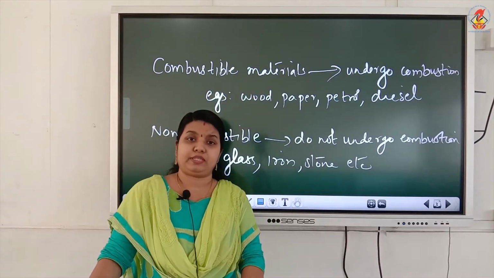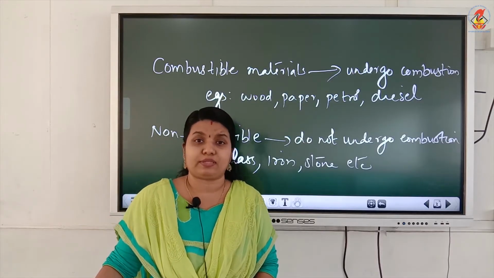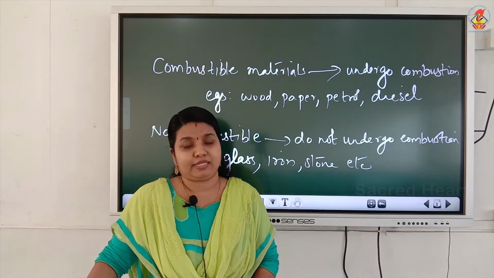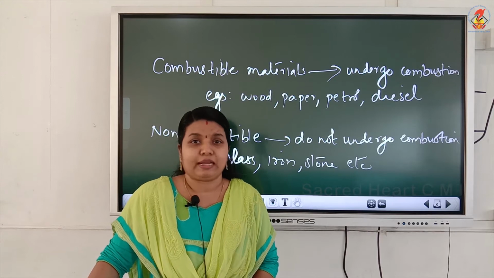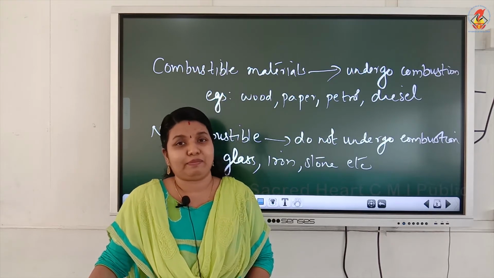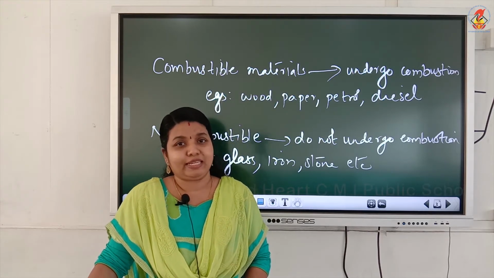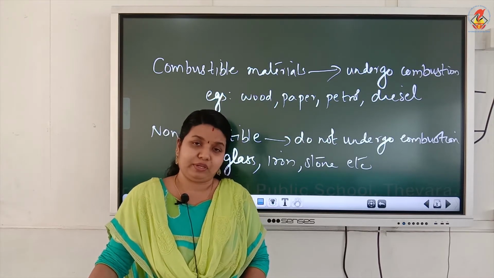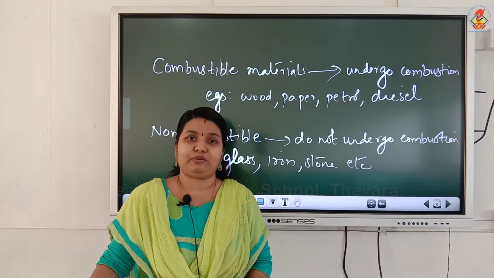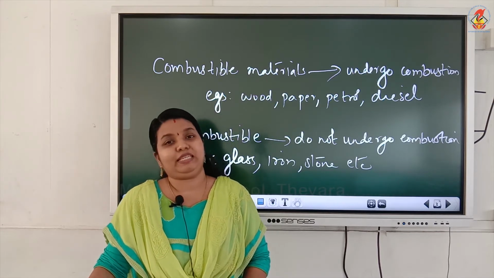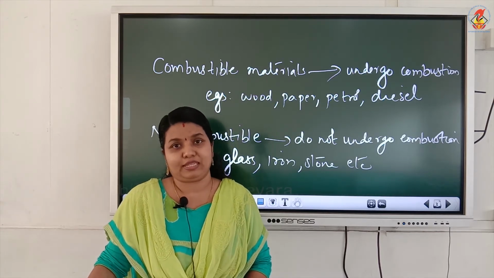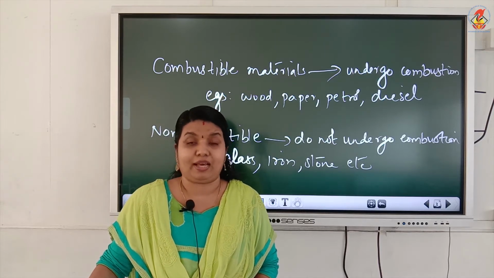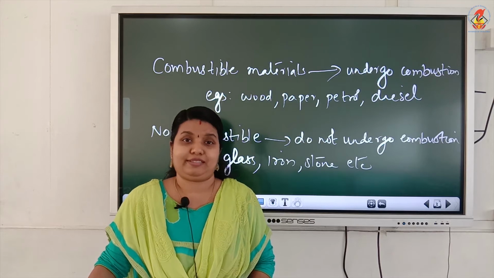A chemical process in which a substance reacts with oxygen to give off heat is known as combustion. Materials can be classified into two types, combustible materials and non-combustible materials. Materials that undergo combustion are combustible, like wood, paper, LPG, petrol, diesel, etc. And the materials that do not undergo combustion are non-combustible, like glass, stone, iron, etc.